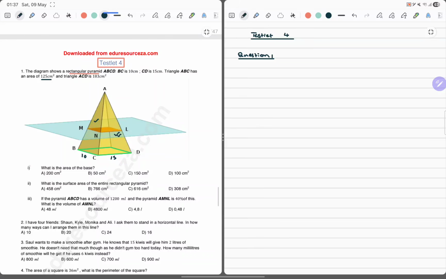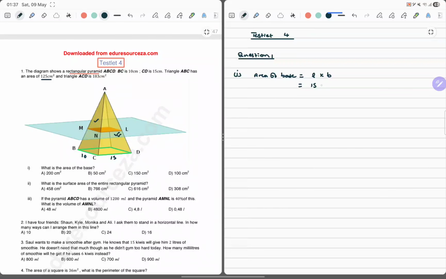Now the question says, what is the area of the base? Okay, cool. So number 1, the area of the base, this is a rectangle, right? So we know that the area of the base is going to be length times breadth, right? The length is 15.